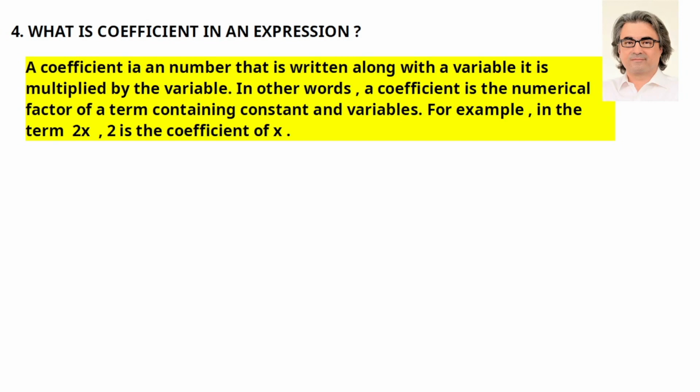Another question. The fourth question. What is coefficient in an expression? A coefficient is a number that's written along with a variable. It's multiplied by the variable. In other words, a coefficient is the numerical factor of a term containing constant and variables.